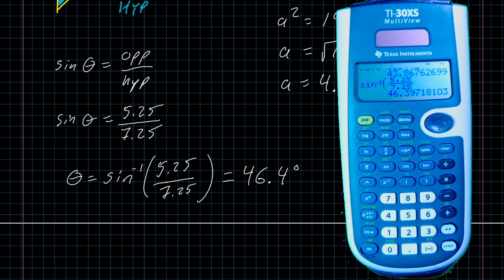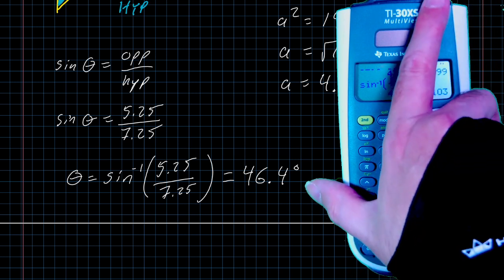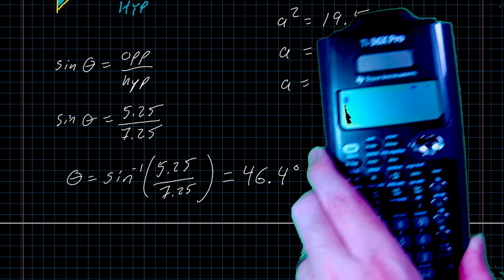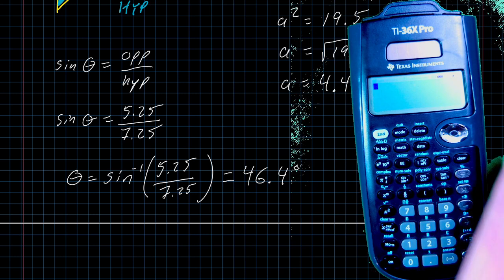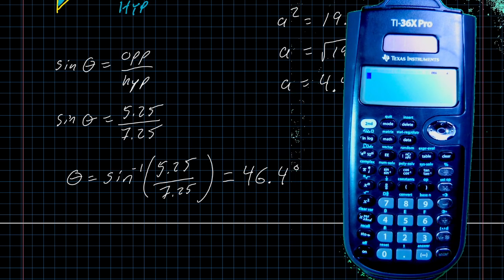Before I put this away, I did want to grab out one other calculator. I think I've mentioned before, I am not in any way, shape, or form sponsored by Texas Instruments, but I own a lot of Texas Instruments calculators because, well, they're the ones that I trusted when I was buying calculators 10 and 20 years ago.